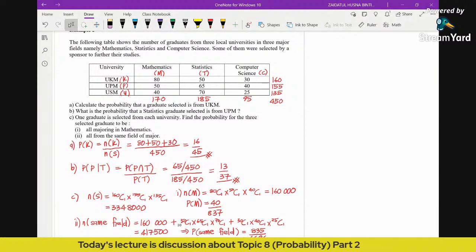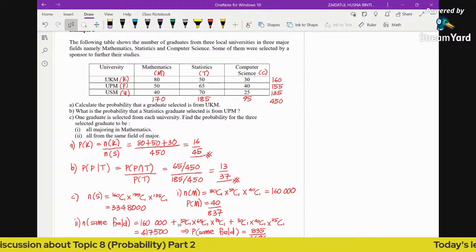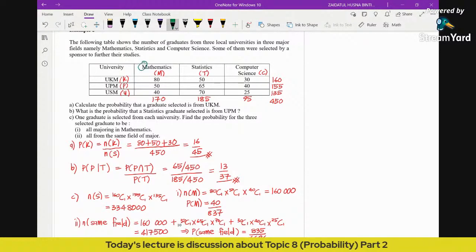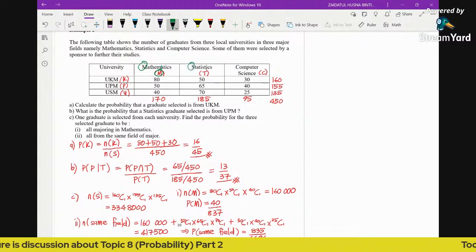After we are given the table, I'll put some letters to denote the events. For the event mathematics, I use letter M. For statistics, I use letter T. Why didn't I use S?